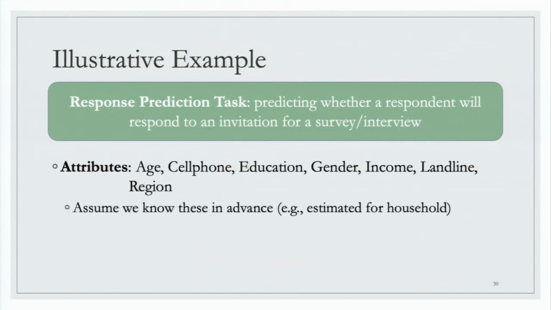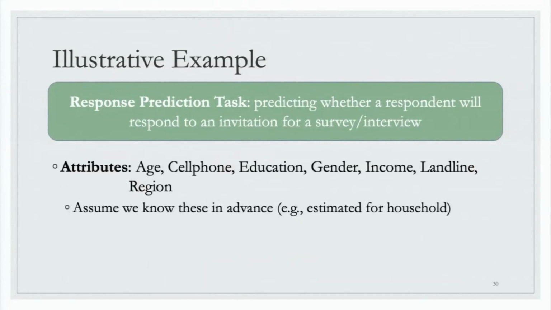Okay. So with that in mind, the way the data is organized, the particular attributes we're going to look at, we've got the age of the respondents, whether or not they own a cell phone, their education level, gender, income, landline, and region. For purposes of this particular data set, I will acknowledge that the gender variable is binary. That's the data we had available. To get more accurate predictions, we might want to reflect the actual spectrum of genders out there in the real world.